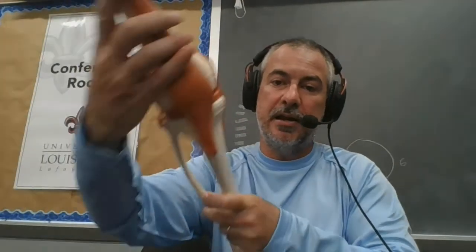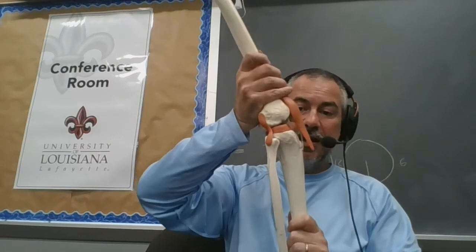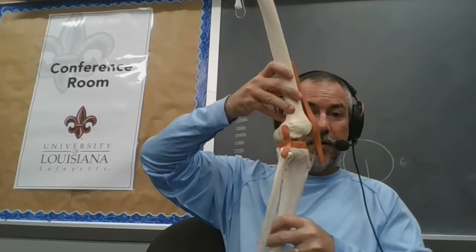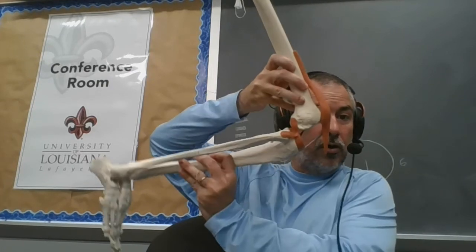What? It's not, because I just explained earlier that I could have knee flexion and not move the tibia at all. And I can have knee flexion and not move the femur at all. It's a concept between the marriage of multiple bones and how those things move about each other. Okay?